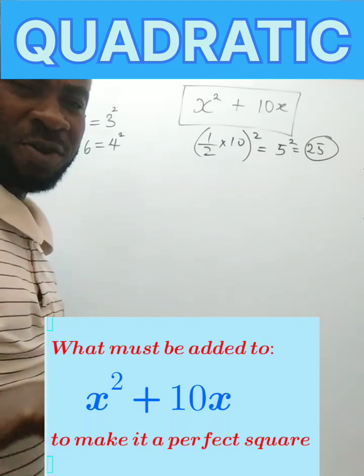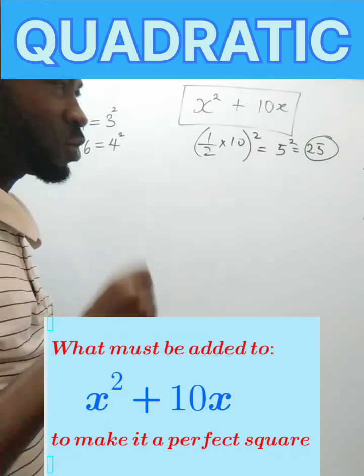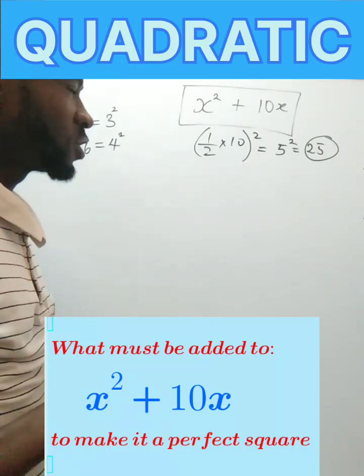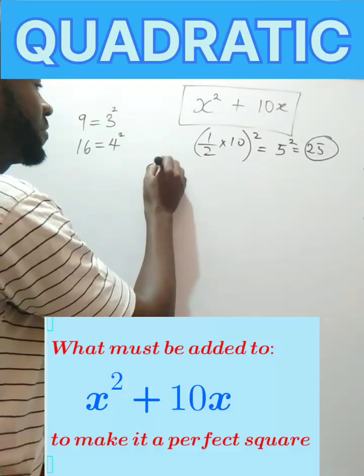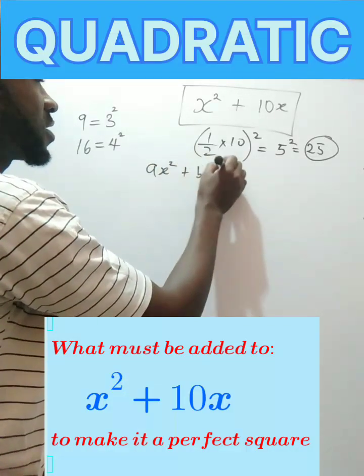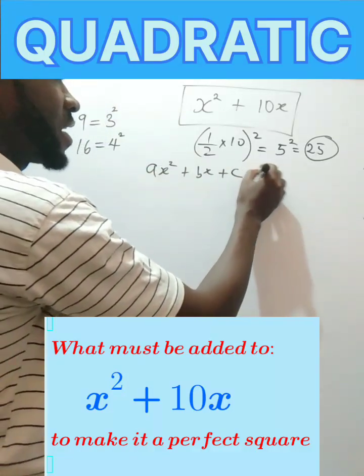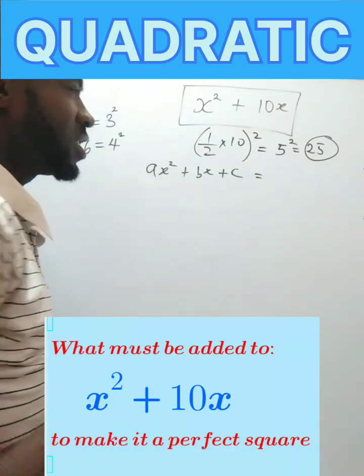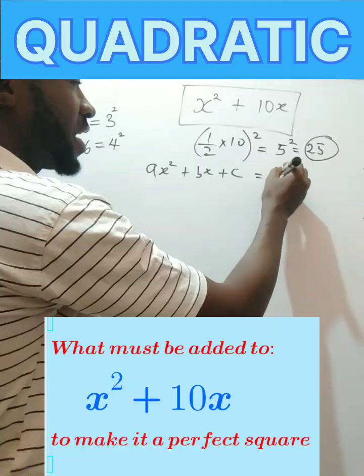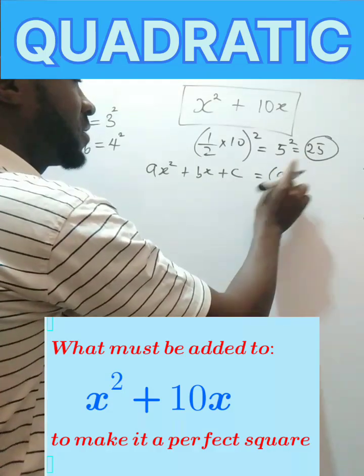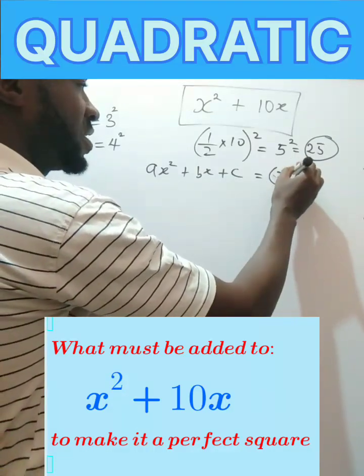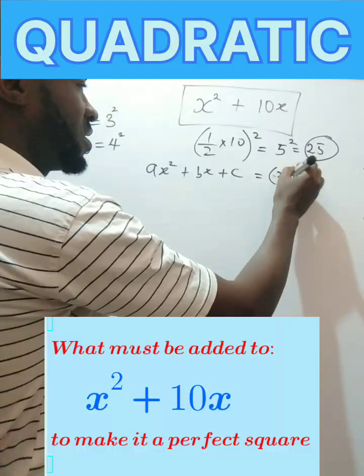Likewise, we are going to use that same idea for a quadratic expression. For a quadratic expression in this form, ax squared plus bx plus c, to be expressed as a perfect square, it can be expressed as the square of one of its linear factors.